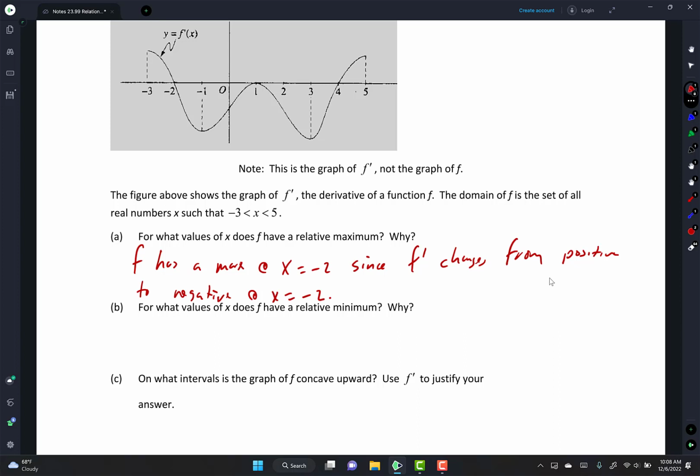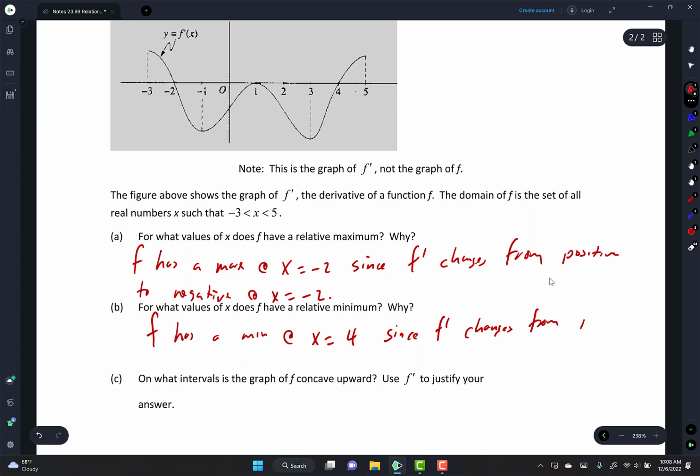What is changing from negative to positive? So say f has a min at x equals 4 since f prime changes from negative to positive at x equals 4.